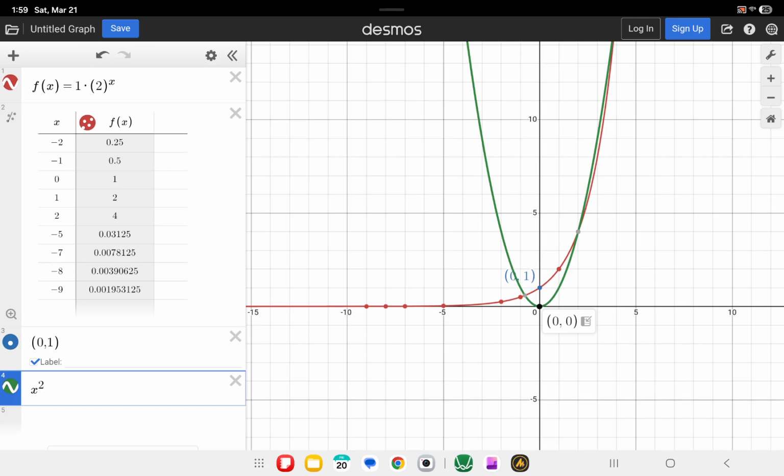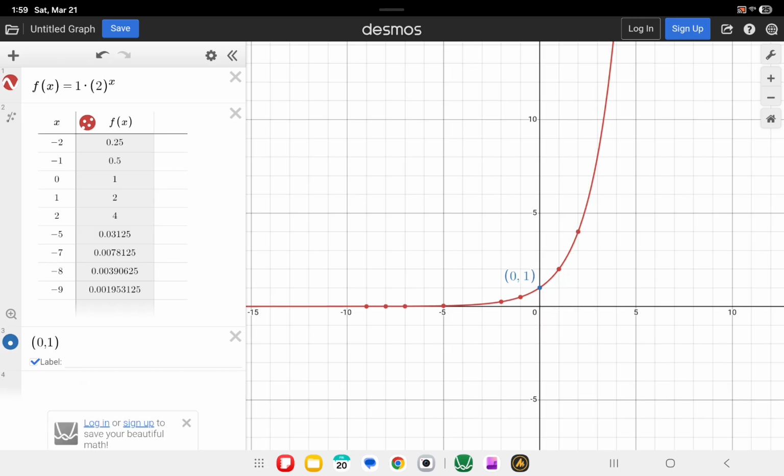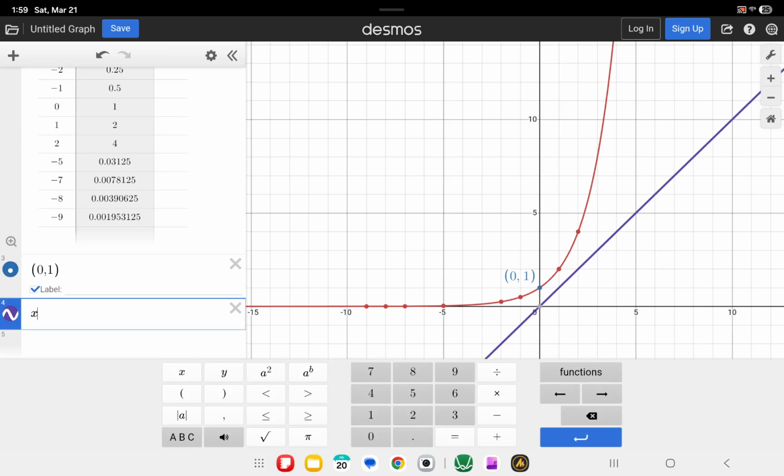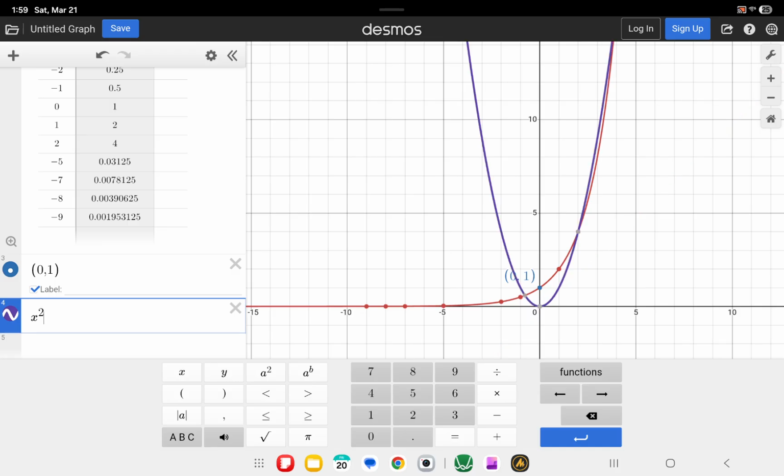If I am looking at my function here, it is always growing from negative infinity all the way up. So understand those two differences: we do not have a single point where it changes direction, like x squared, where it's decreasing in value and then it increases in value. We do not have that inflection point at 0, 0.